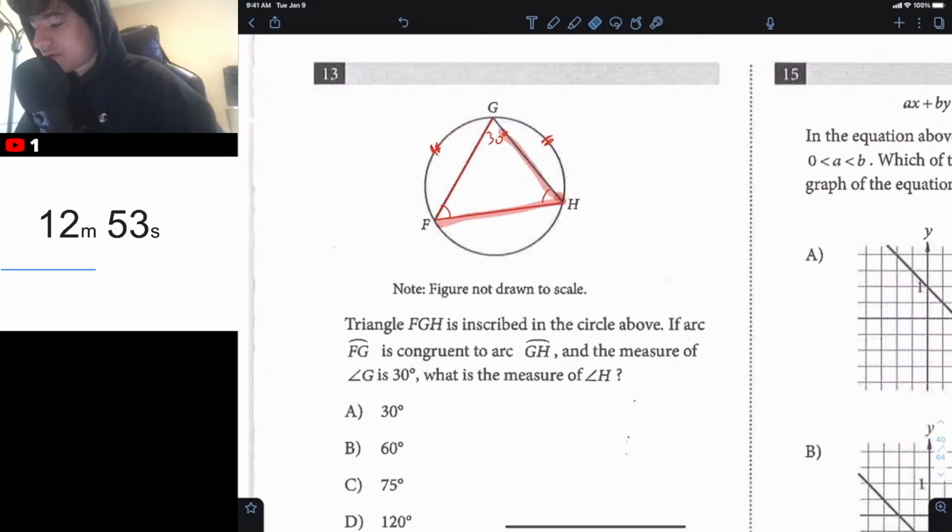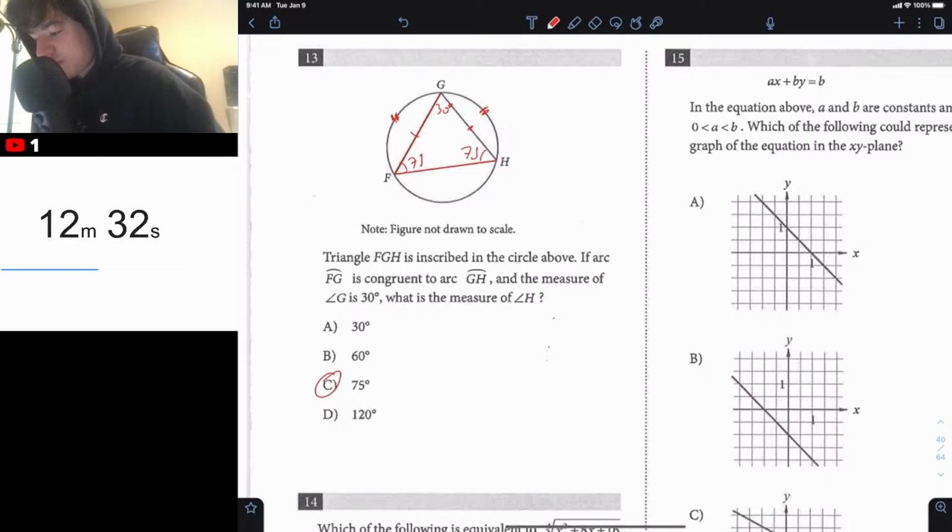And if they're congruent sectors, or arc lengths, that means that the angles must also be congruent, meaning that this is actually an isosceles triangle. So this has to be 75, and this has to be 75, and these sides would also be the same. Not that that matters too much, but we know that it is going to be 75 for angle H.